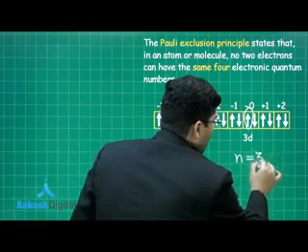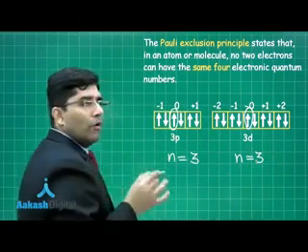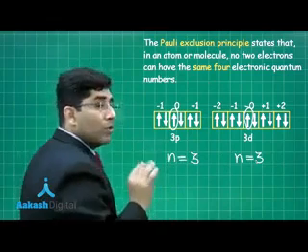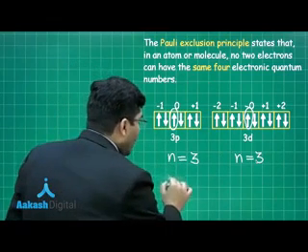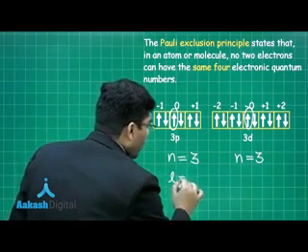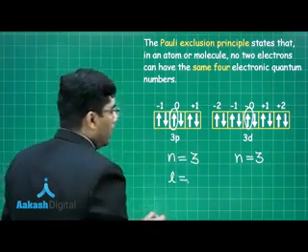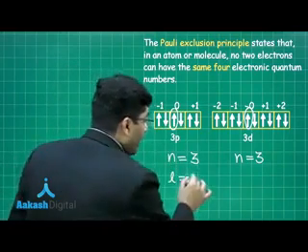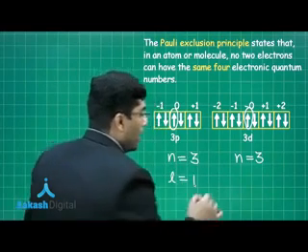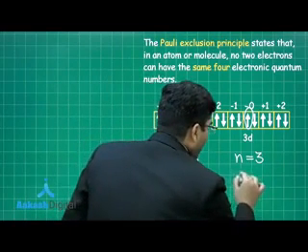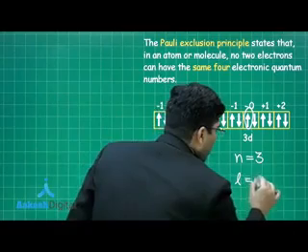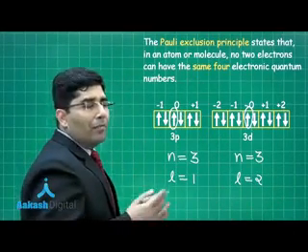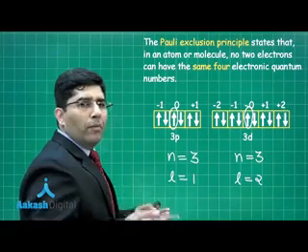So, the principal quantum number of both electrons is the same. Now, azimuthal quantum number. If we find out the value of l for this electron, this is p subshell. That's why l will be equal to 1, and here l will be equal to 2. Now, in this case, the azimuthal quantum number is different. That's why the set of all 4 quantum numbers will be different.